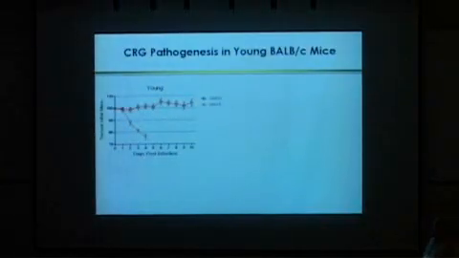So how does this affect pathogenesis? Now, this is young 10-week-old animals infected with the mouse-adapted virus or wild-type SARS. SARS just replicates in mice. It produces no disease in young animals. The mouse-adapted strain causes a lethal disease within 4 days. We put the CRG in both backgrounds. In the wild-type background, again, we see no weight loss in the animals or death.